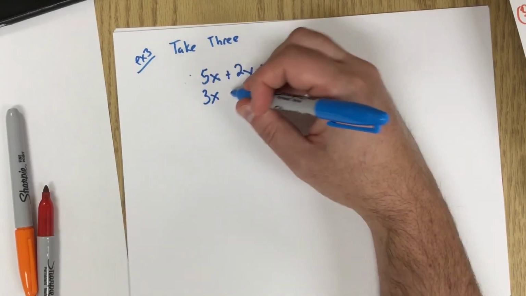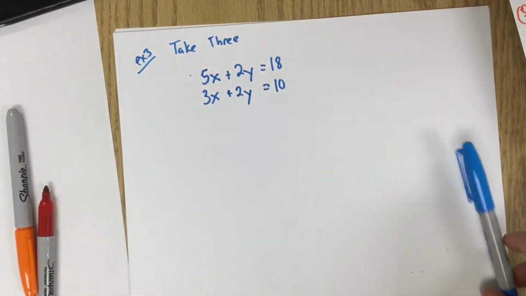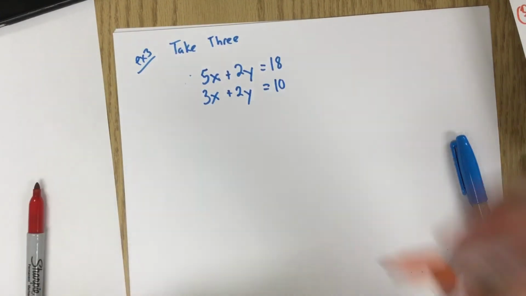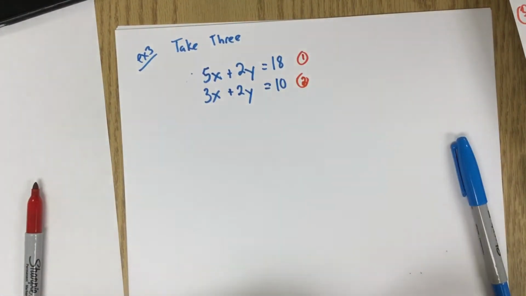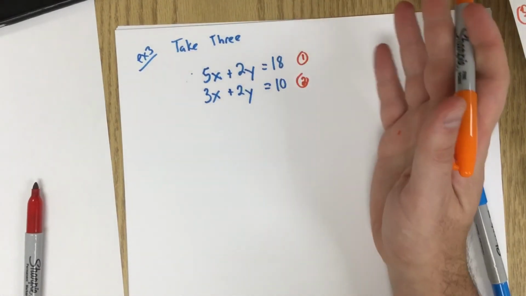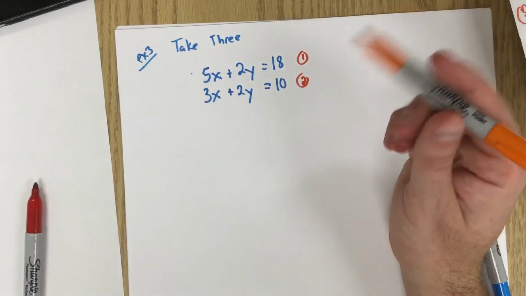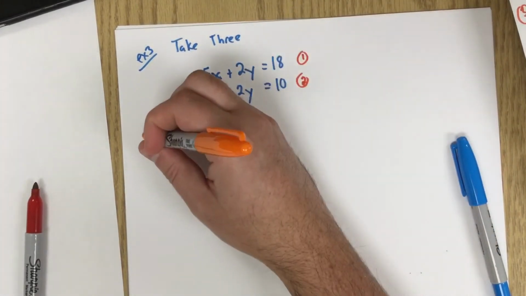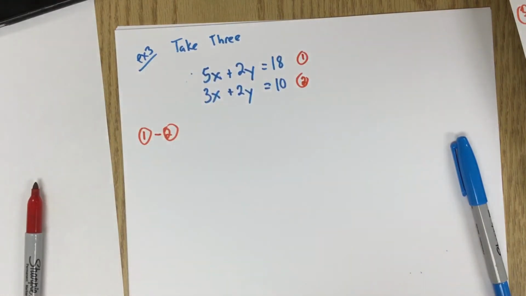So 3x plus 2y equals 10. And this is our equation 1 and equation 2. What we could do is, instead of switching things to negative and then adding, we actually are allowed to subtract equations as well. The order matters for this one. So I could just go equation 1 minus equation 2.